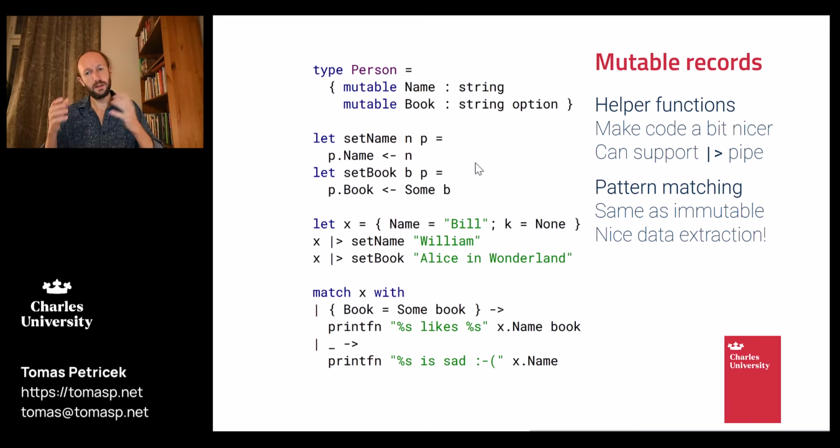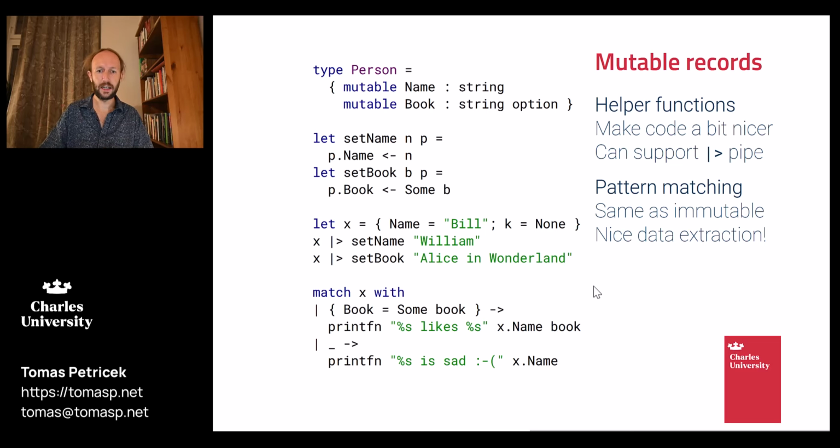And one thing that I'm showing here on this slide is that it's sometimes a bit easier to define helper functions for setting the properties. So the underlying syntax that you can use is this left arrow. That's an assignment in F#, and this is setting the name of a record p to a new value n. But I can also define two helper functions, setName and setBook, that will set the value.